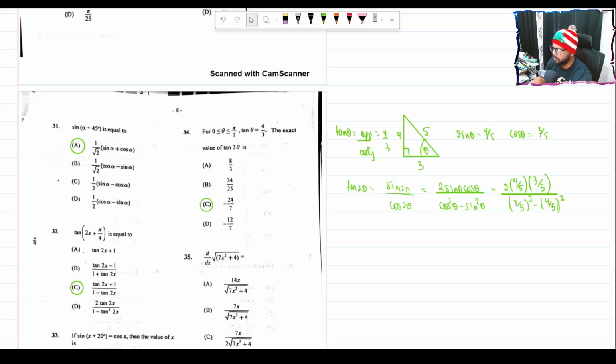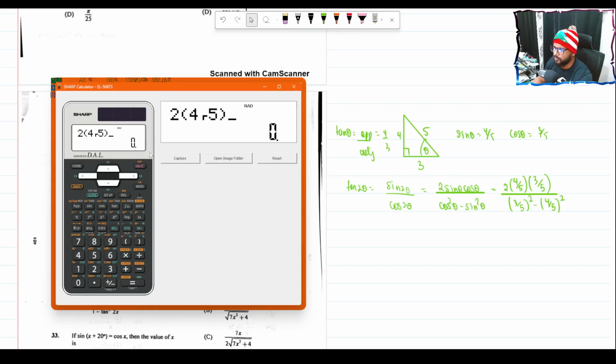So let me see what we get. 2 into 4/5 into 3/5, then my numerator is 24 on 25, divided by 3/5 squared, that is 9 on 25, take away 16 on 25.